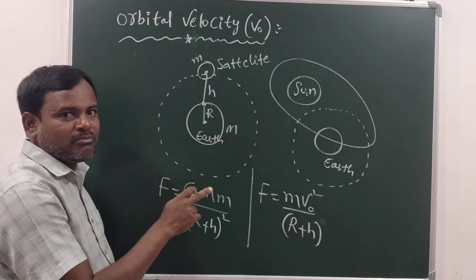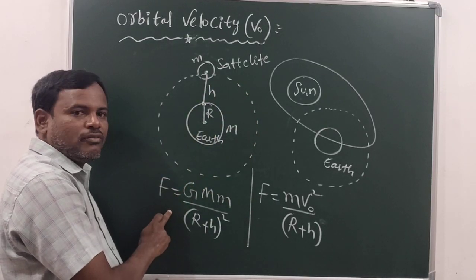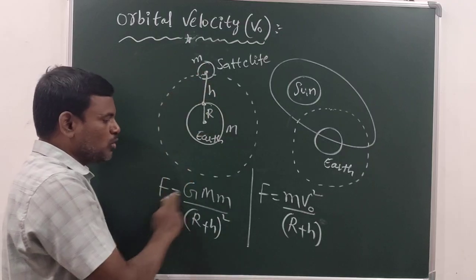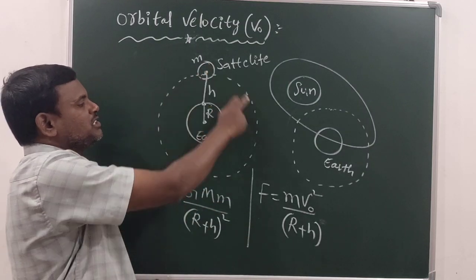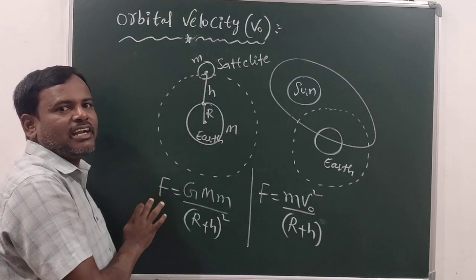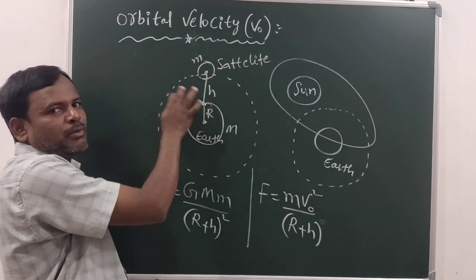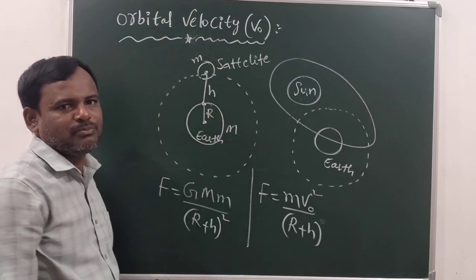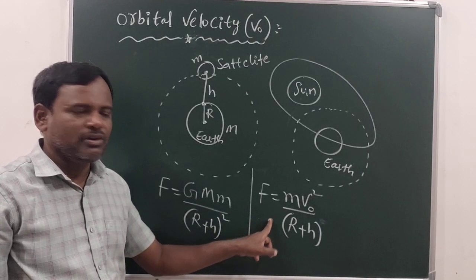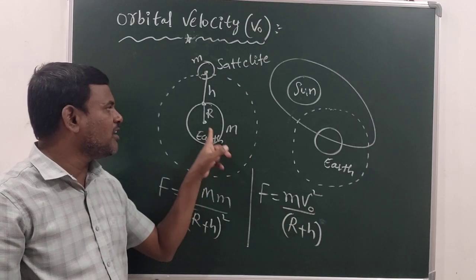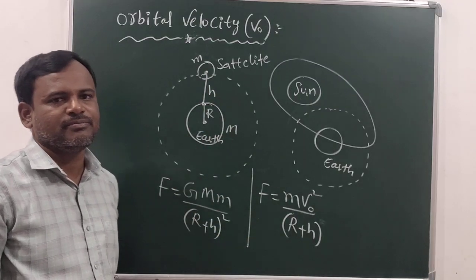But at the same time, same amount of force is working toward the earth. Both will be equal. So in such case only, this journey of the satellite in this circular path around the earth is possible. What is it? Centripetal force, m v square by r, but here r value, r plus h you have to write.